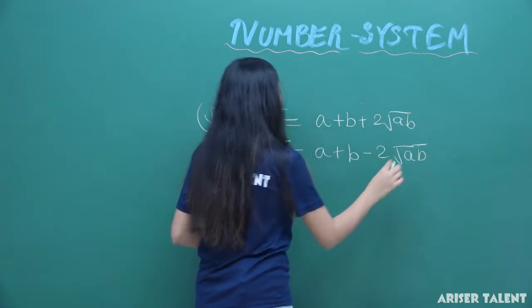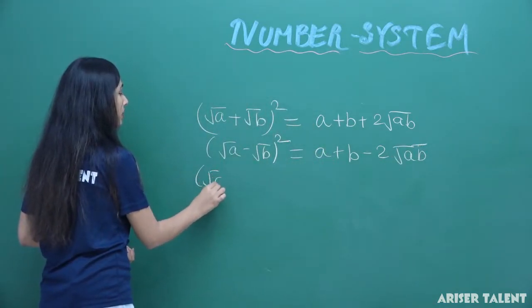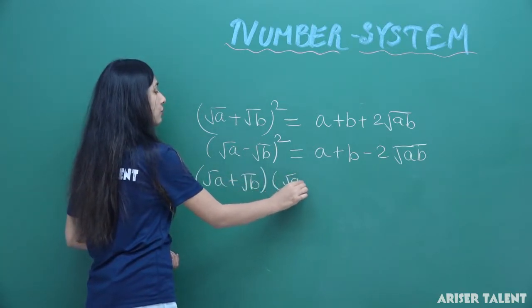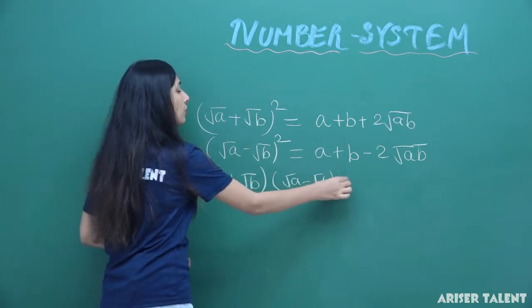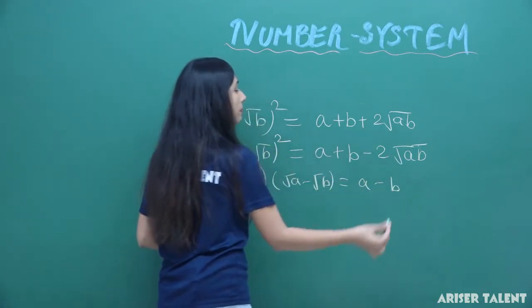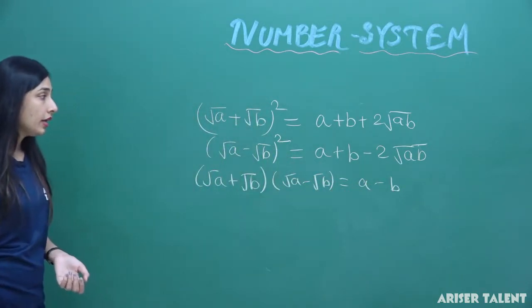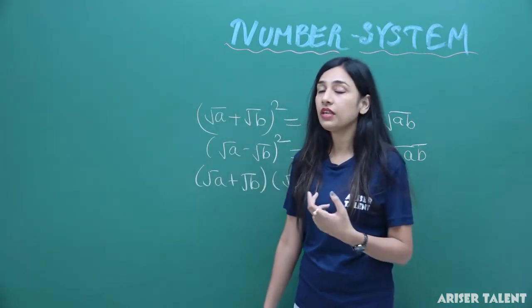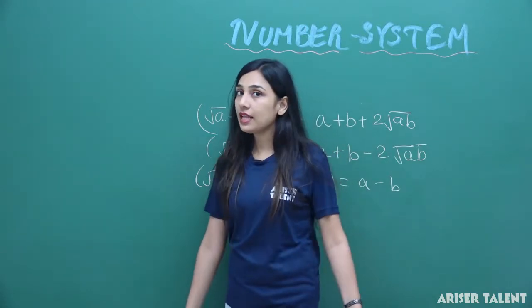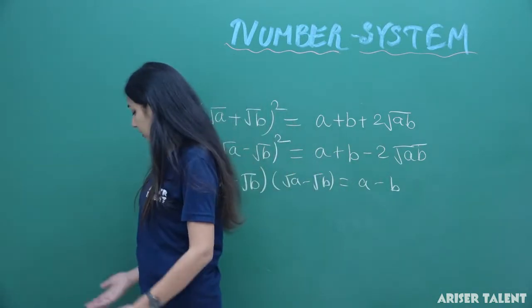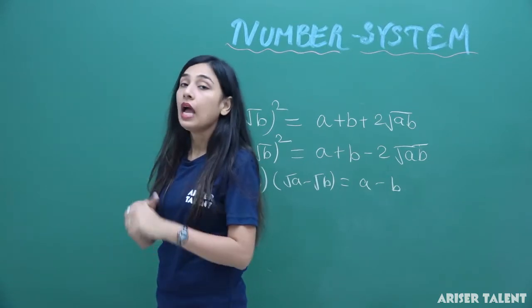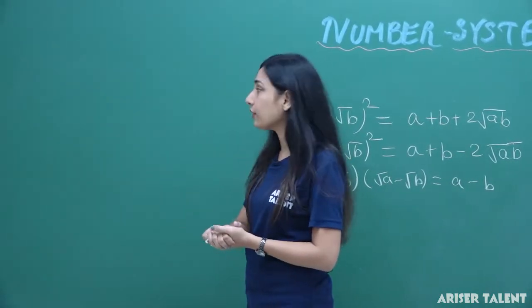We have also discovered that (root a plus root b) multiplied by (root a minus root b) gives you a minus b, simply. These are the identities we have covered in our previous lecture. Now, what is new in this lecture? We are going to add some more identities here and then do the questions.